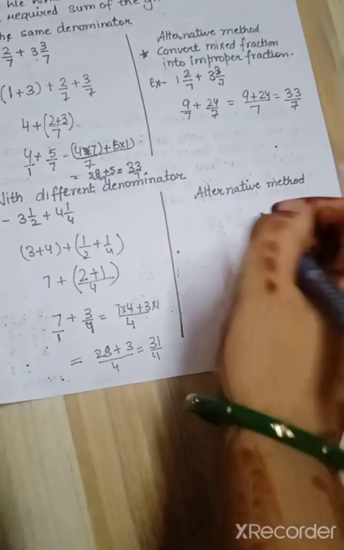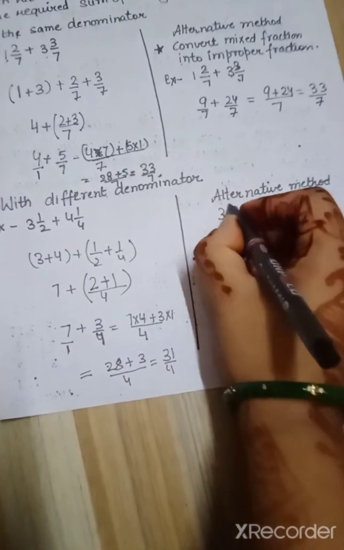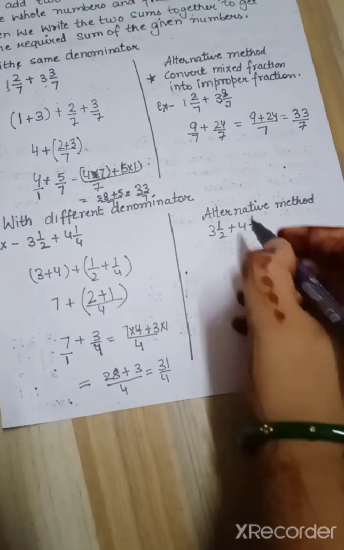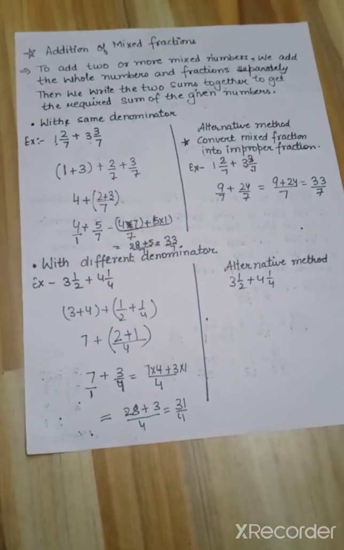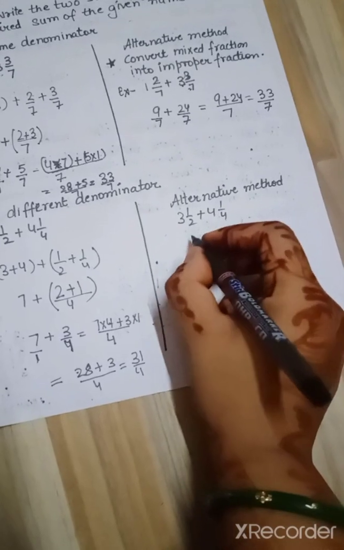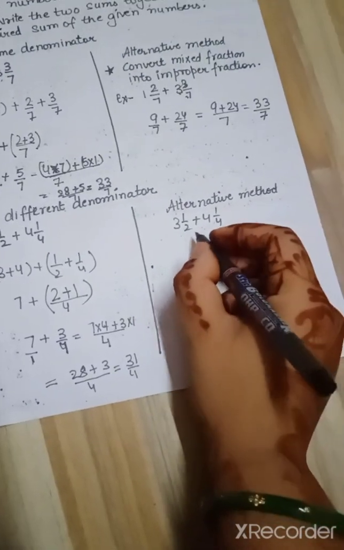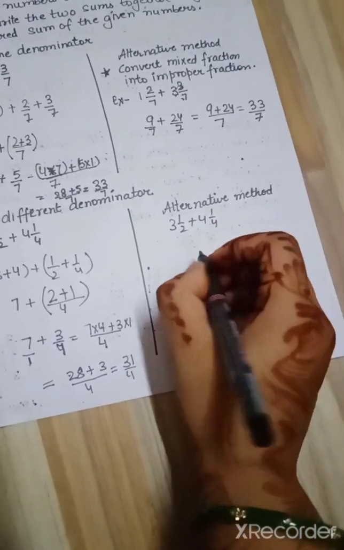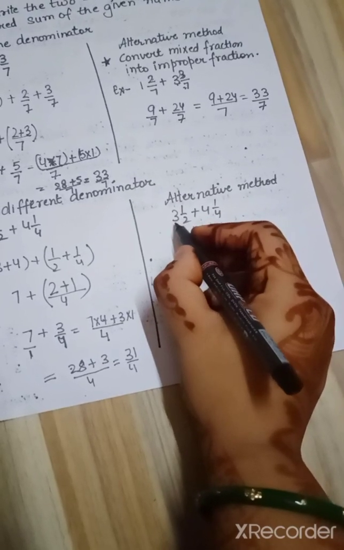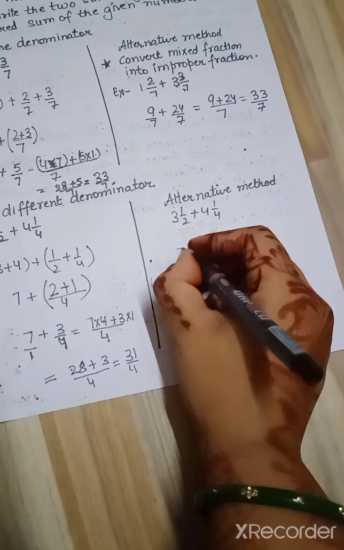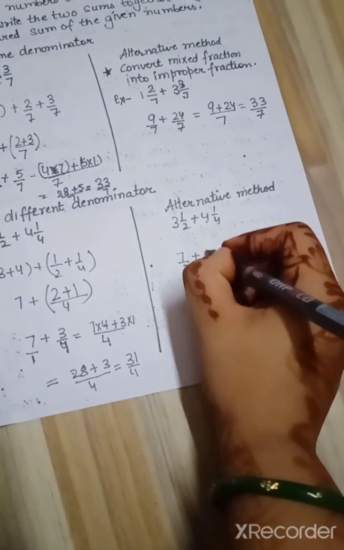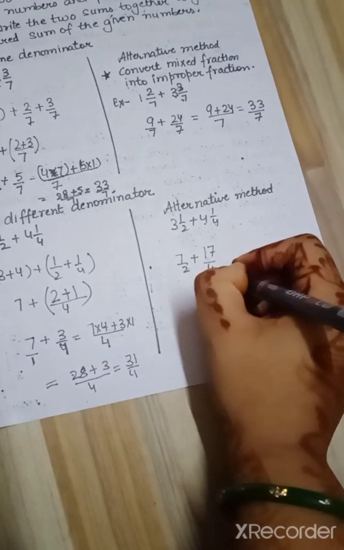There is an alternate method also. This is the easiest method, so we will follow this method. Firstly we will convert the mixed fractions into improper fractions. 2 multiplied by 3 is 6, 6 plus 1 is 7, so 7 by 2. Then 4 times 4 is 16 plus 1, 17 upon 4.